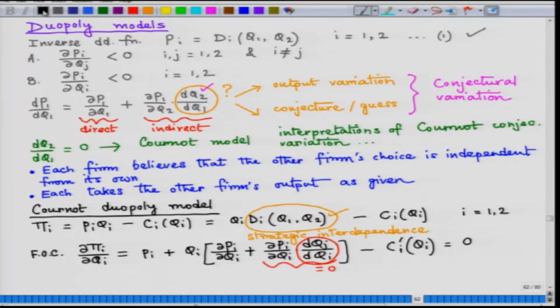So, we can then rewrite our first order condition as, right. Okay. So, now do you recognize this first order condition that we have obtained here? Let me call this equation number 2.